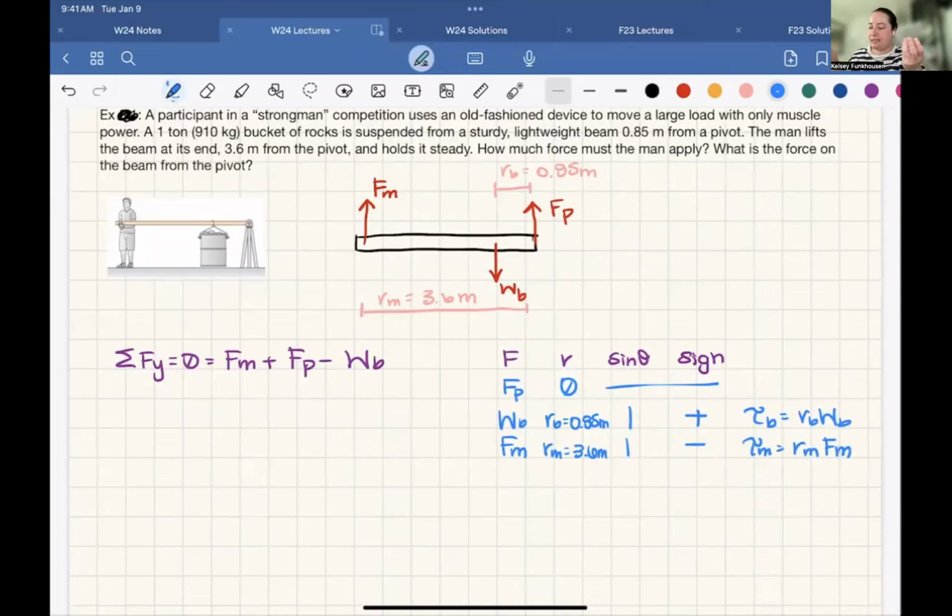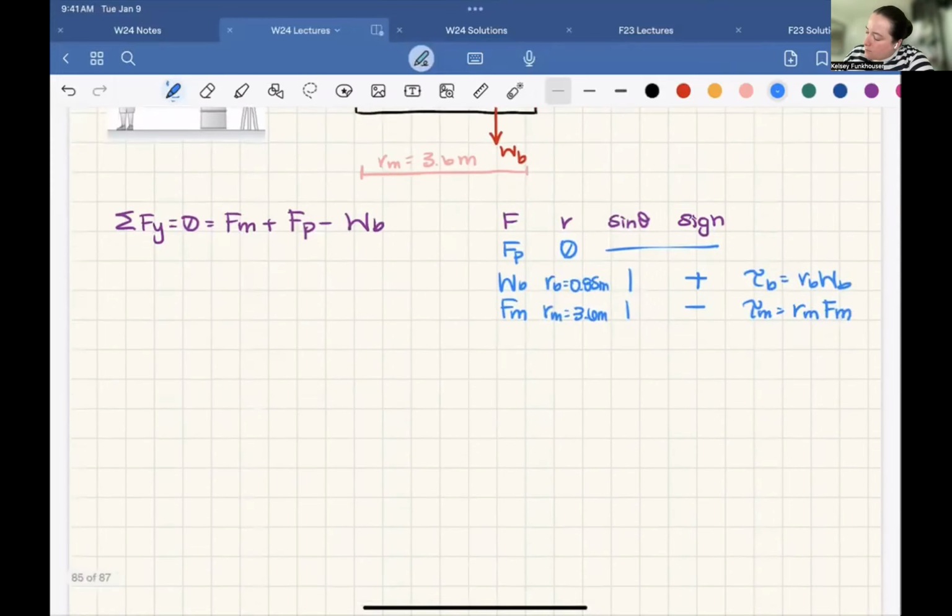Okay, so the first thing it asks us for is the force the man applies. So let's get our net torque, which again is 0 because we're still in equilibrium situations. And so we have the torque from the bucket minus the torque of the man holding the beam. And that is RB, weight of the bucket, minus RM, force of the man.